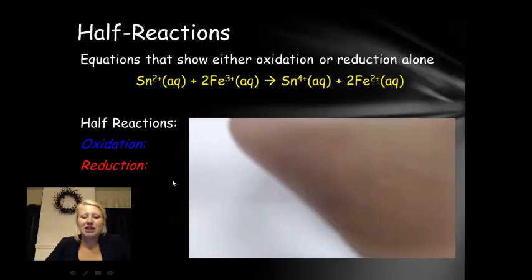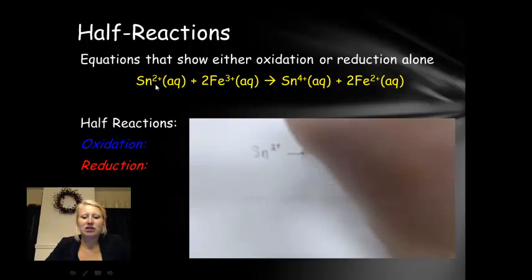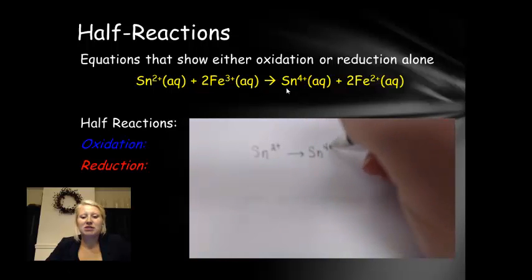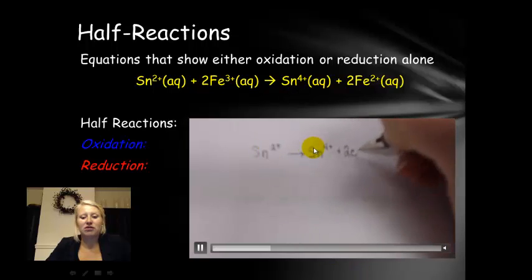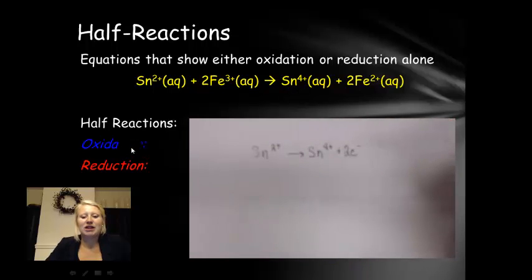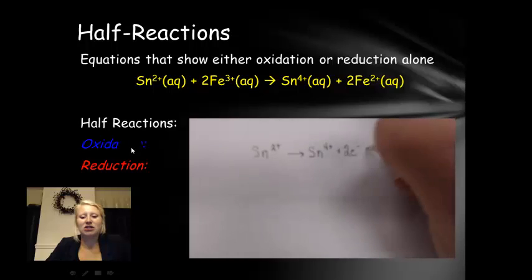So we can see that the tin is going from +2 to tin +4, which means it must be losing 2 electrons, and since it's losing, that's the oxidation half reaction.